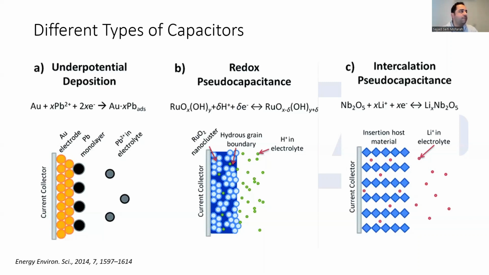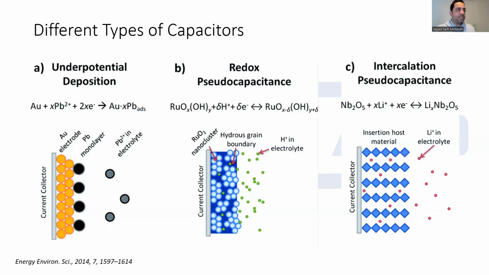The second type of pseudocapacitor is the redox pseudocapacitor. Redox pseudocapacitance occurs when ions are electrochemically adsorbed onto the surface or near the surface of a material through Faradaic charge transfer. So in this case, we can have capacitance from near-surface layers.